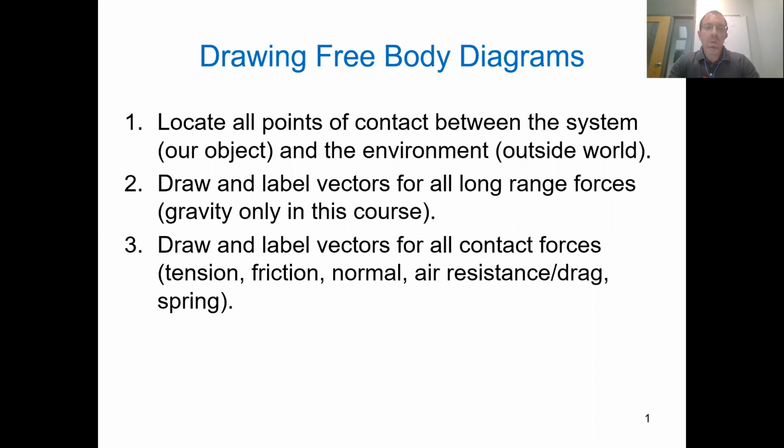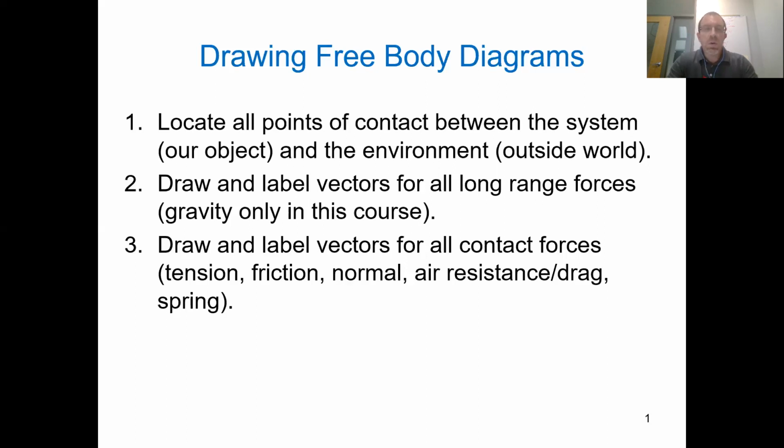From there, we're going to do a separate sketch which just represents our object as a dot. Then we're going to draw and label all our long range forces, which in this class is just weight, gravity.